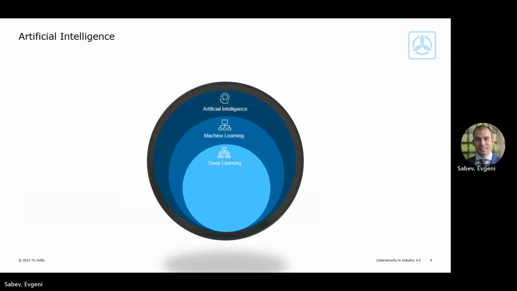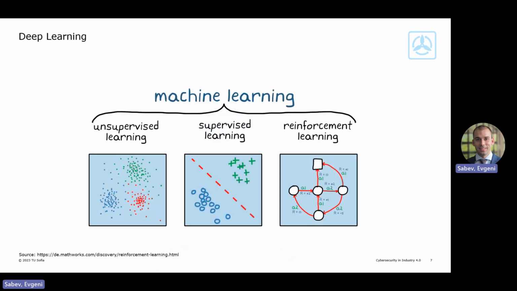So deep learning or machine learning, what is it? Basically, deep learning is part of a broader family of machine learning methods. In general, learning can be supervised, unsupervised, or semi-supervised, as we can see on the next slide.